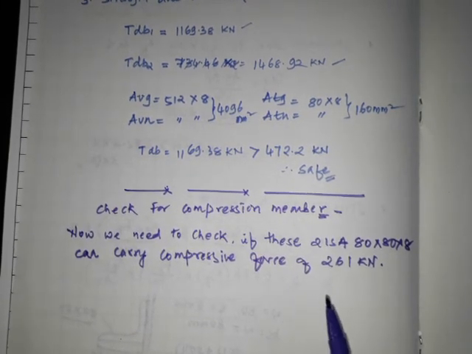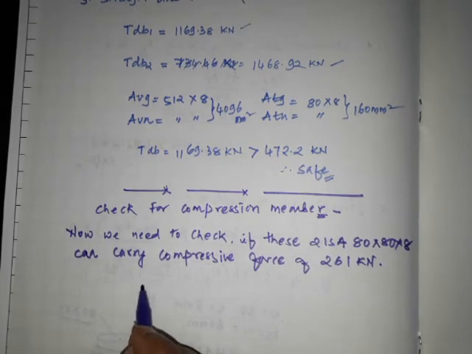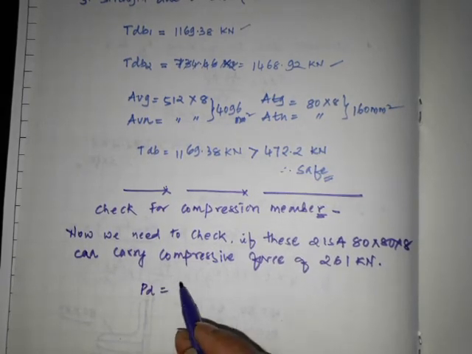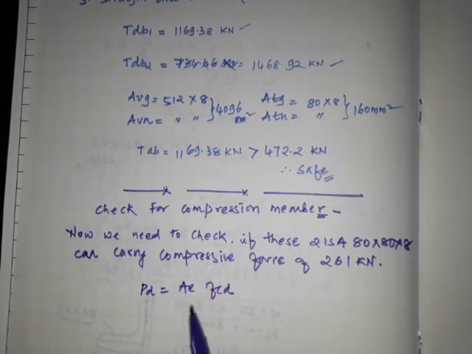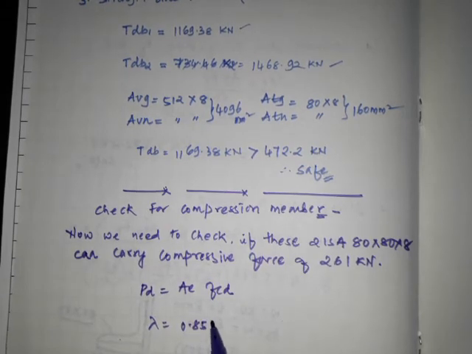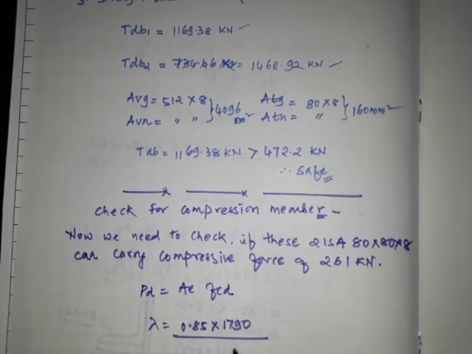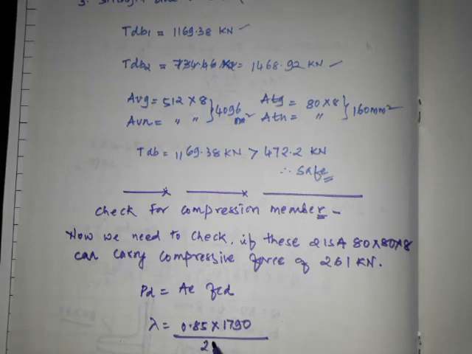So how do you get that? PD is equal to AE into FCD. The procedure will remain the same. For that we have to find out lambda. Lambda is KL by r minimum, so 0.85 into 1790 divided by r minimum. We will get it from the steel table, that is 24.4.